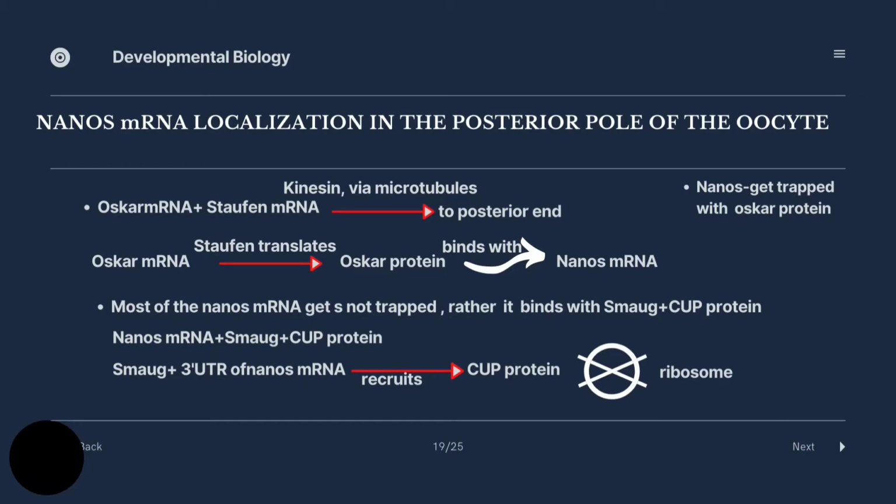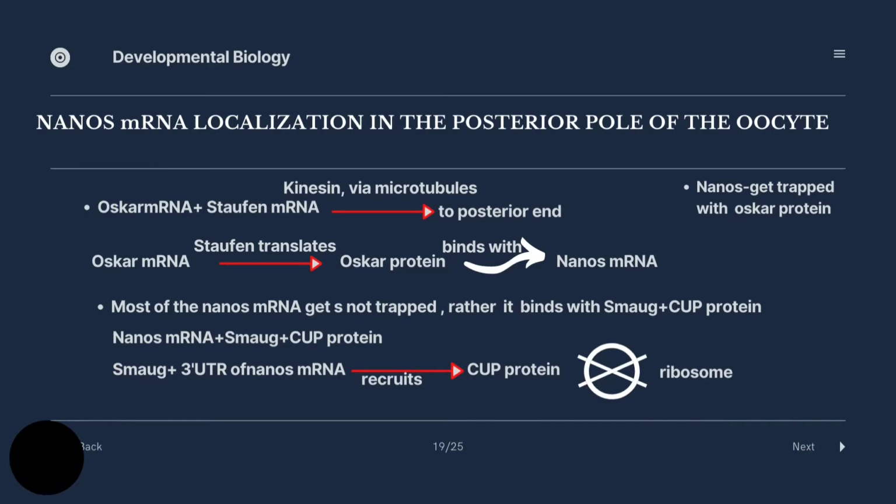And we'll go deeper into the nanos mRNA localization in the posterior pole of the oocyte. The nanos mRNA usually gets trapped with the OSKAR protein and moves to the posterior pole of the oocyte or the embryo.